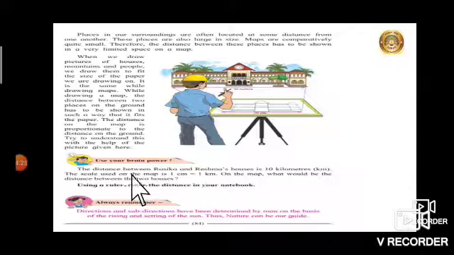So, if the distance between Rasika and Reshma's house is 10 kilometers and on the map 1 centimeter is equal to 1 kilometer, of course, on the map it will show 10 centimeters, which is equal to 10 kilometers. Using a ruler, draw this distance in your notebook. Now you can of course draw a 10 centimeter way or road path in your book.